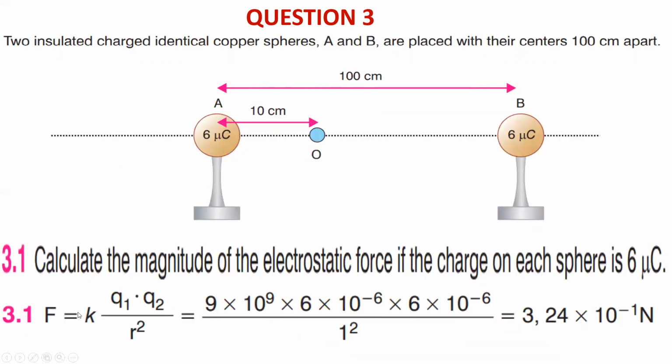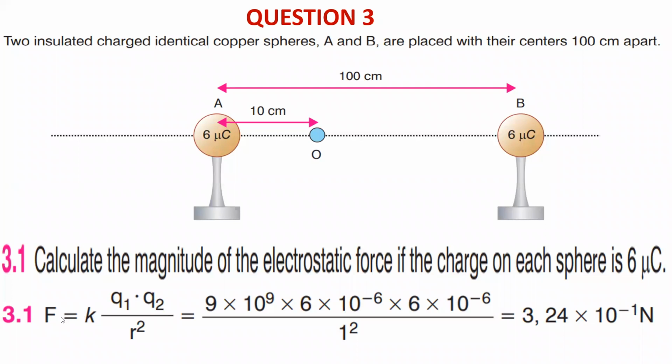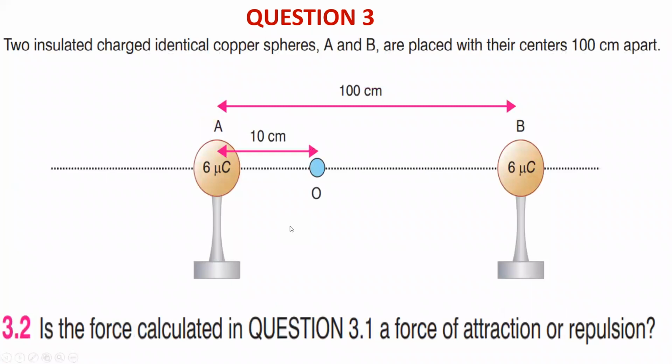Let's carry on. That is 3.1, calculating the magnitude of the electrostatic force. I hope everything is fine. You are using our formula. So let's continue with the next question.